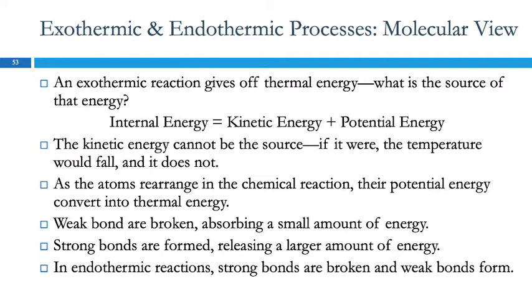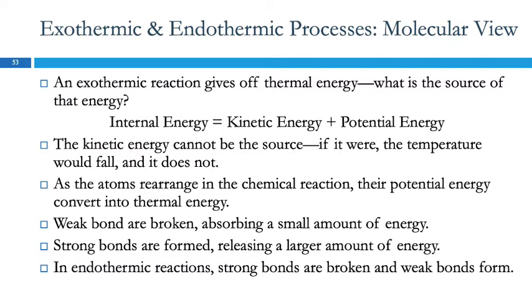So the substance contains internal energy, which is kinetic energy and potential energy. So it's got to be one of these, or possibly both. It can't be kinetic energy because the kinetic energy is a measure of the temperature of the substance. And if it was losing kinetic energy, it would get colder, but it doesn't, right? It gets hotter.